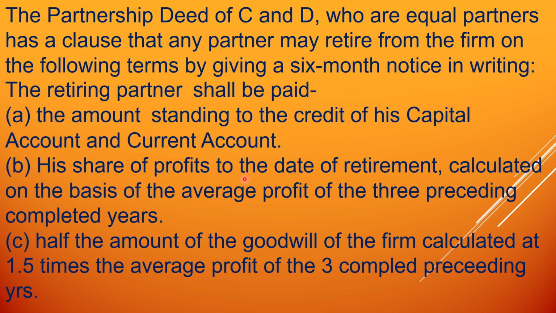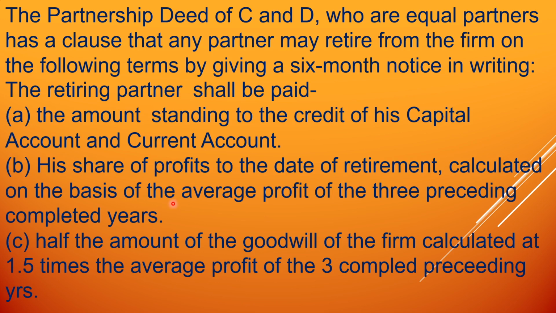Now his share of profit, this is the new point. The retiring partner's share of profit up to the date of retirement, meaning the particular date the partner is going to retire, will be calculated on the basis of the average profit of the 3 preceding completed years. So this is the new clause, new information, new adjustment.